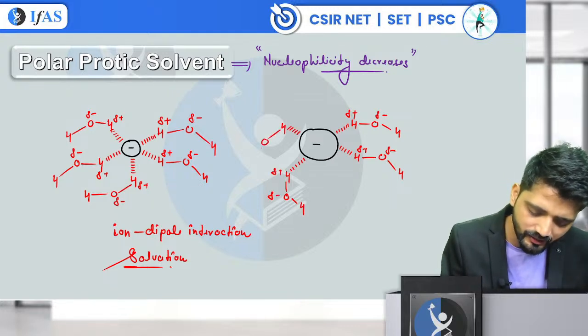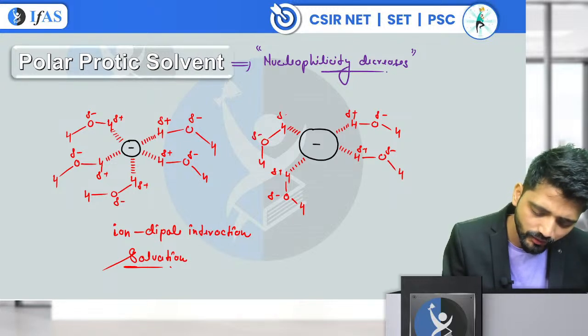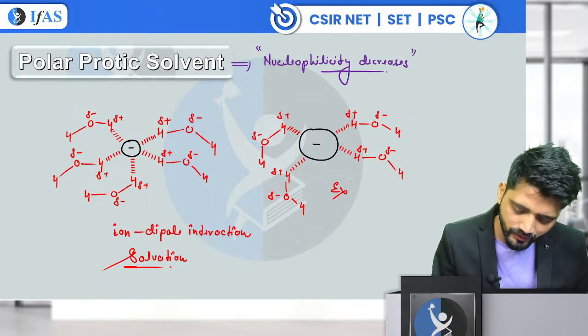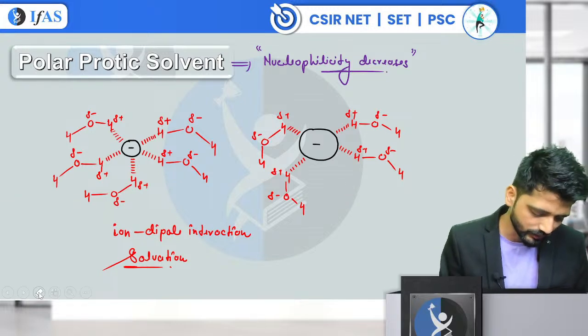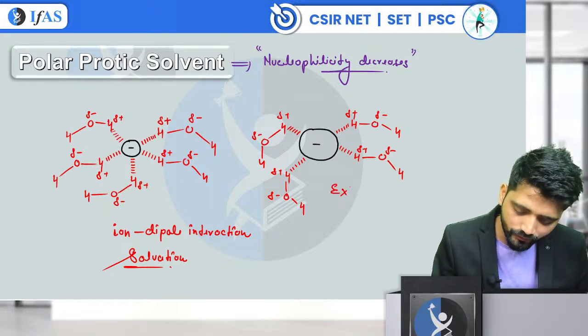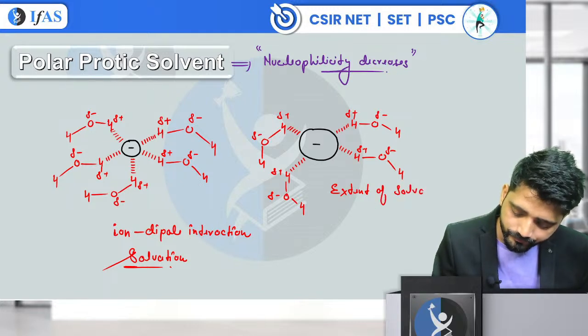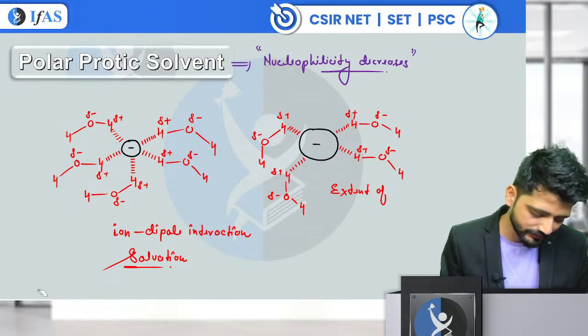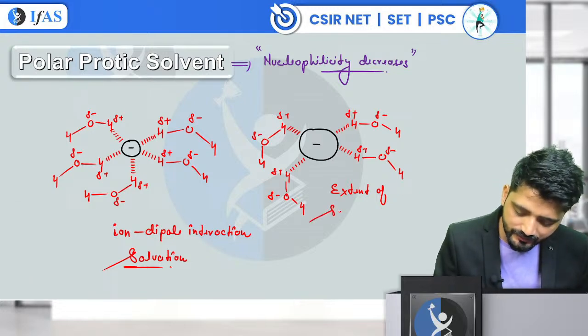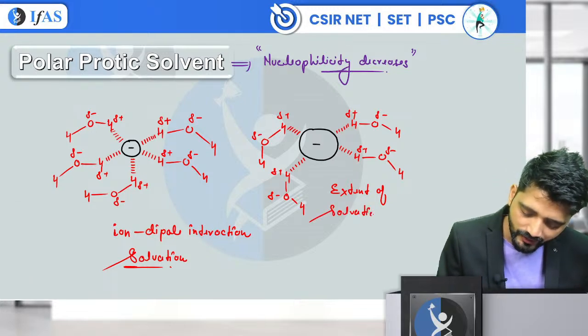So I can write here: the extent of solvation is less. I hope you are able to get what I am trying to convey with extent of solvation. The extent of solvation for a bigger size anion is less as compared to a smaller size anion.